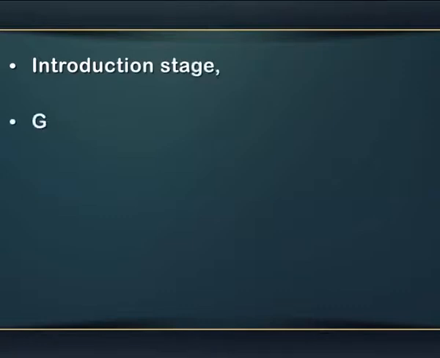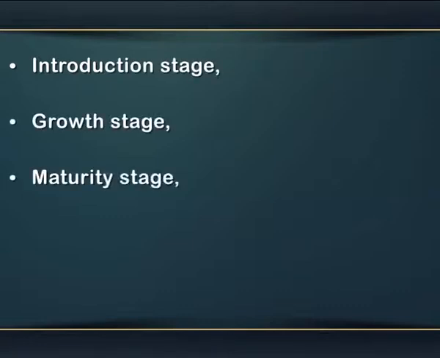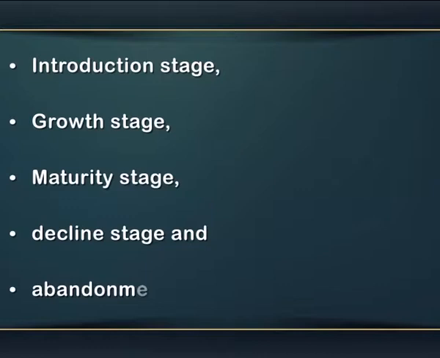Product Life Cycle (PLC). Product life cycle is the stage through which every product has to pass. It includes a number of steps, namely introduction stage, growth stage, maturity stage, decline stage and abandon stage.